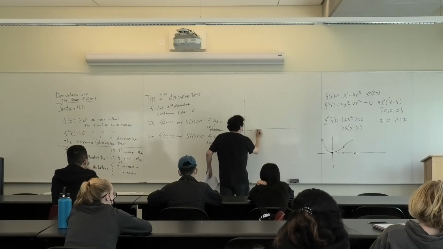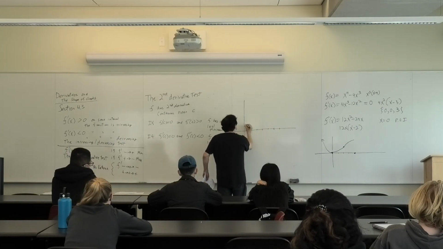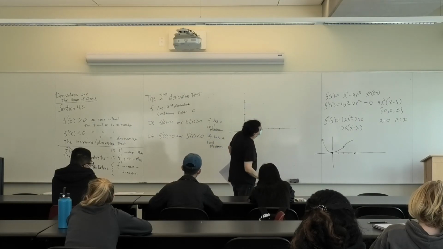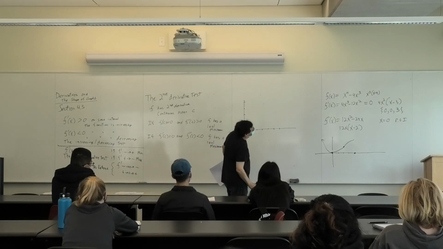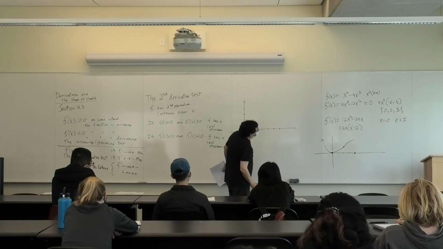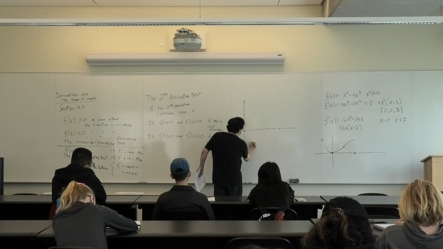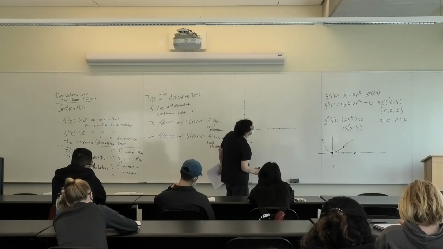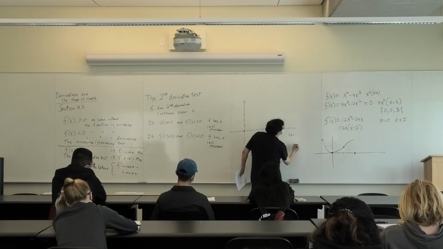Let's do the old-fashioned thing. Put a few points here and try and use what we know. Okay, so it has a point 0, 0, and a point 1, minus 3. At 2, it's 16 minus 32.